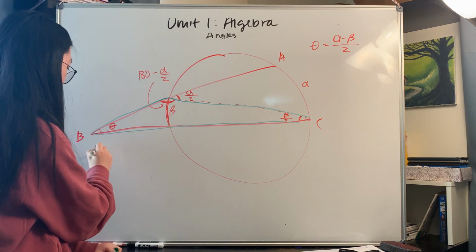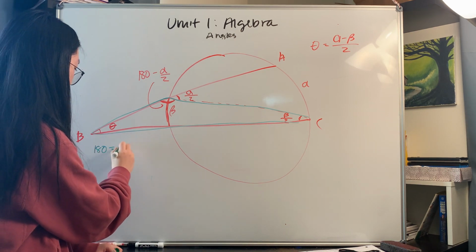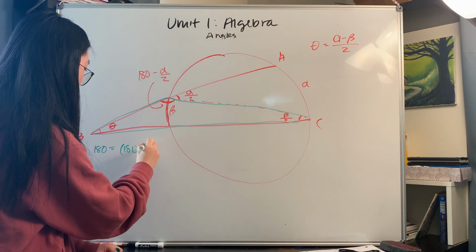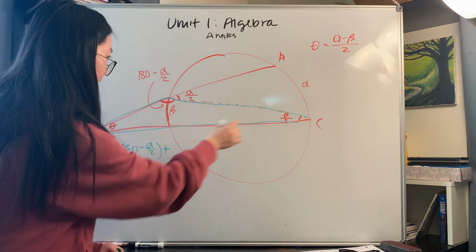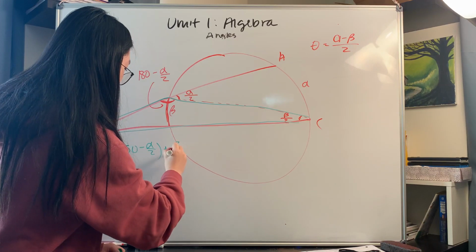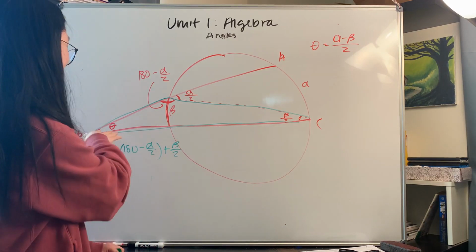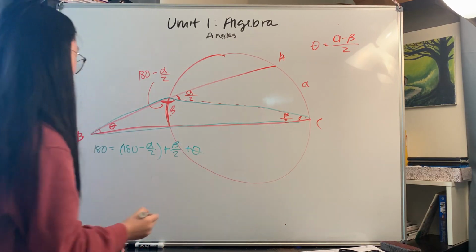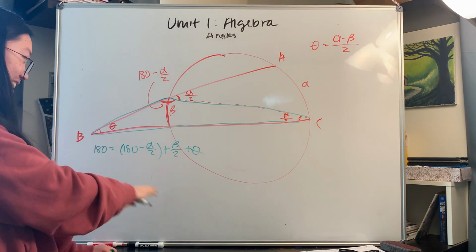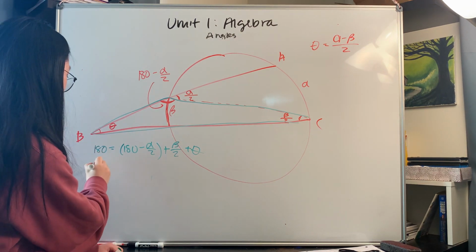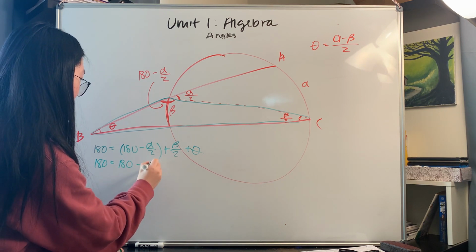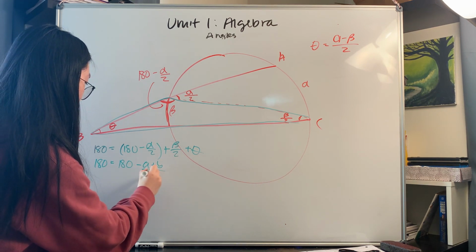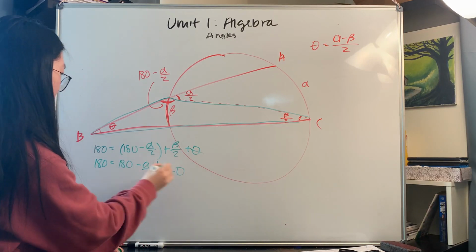180 is equal to 180 minus A divided by 2, this is one of the angles, plus beta divided by 2, B divided by 2, plus theta. Right, and now we can simplify this problem. 180 is equal to 180 minus (A plus B) divided by 2 plus theta.